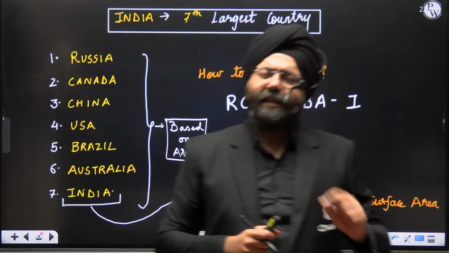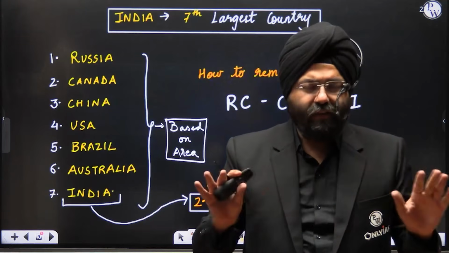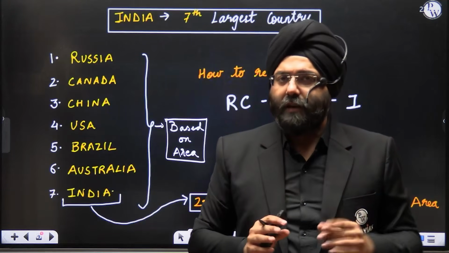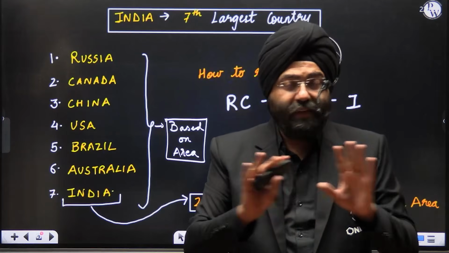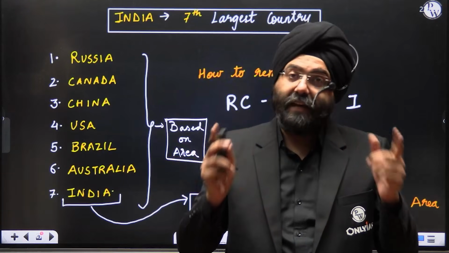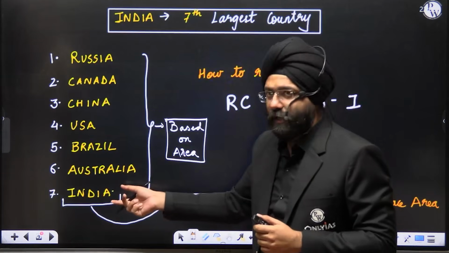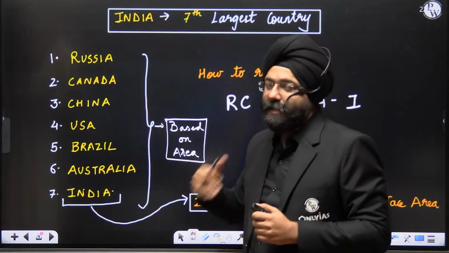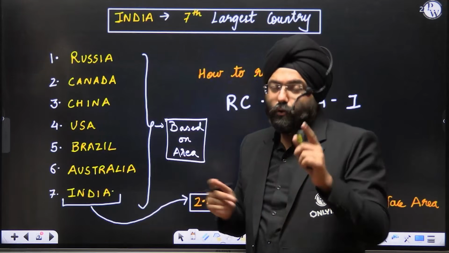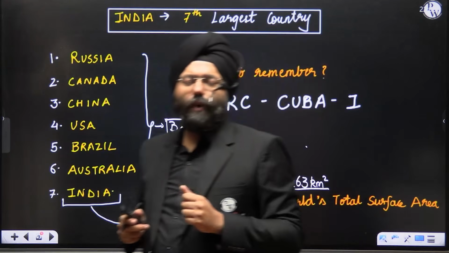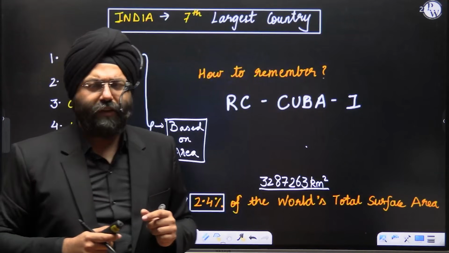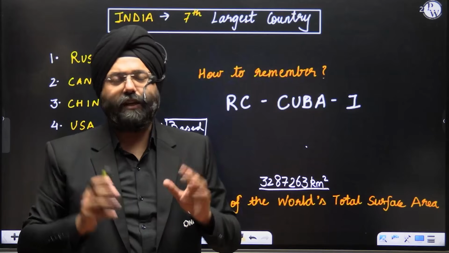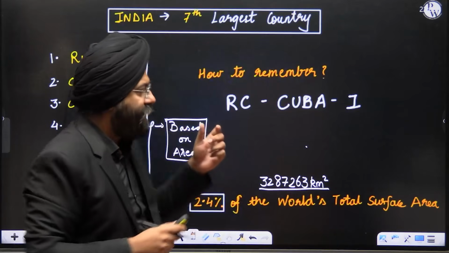The question arises, sir, okay, we understood India is the 7th largest, but it becomes very difficult for us to remember this order, because UPSC can very well ask you. And not only with respect to India, they can ask certain countries and tell you to arrange them. How are you going to remember? One simple way: you recently saw Royal Challengers won the IPL trophy, and many Royal Challengers Bangalore fans would be here. You can take it as a mnemonic.